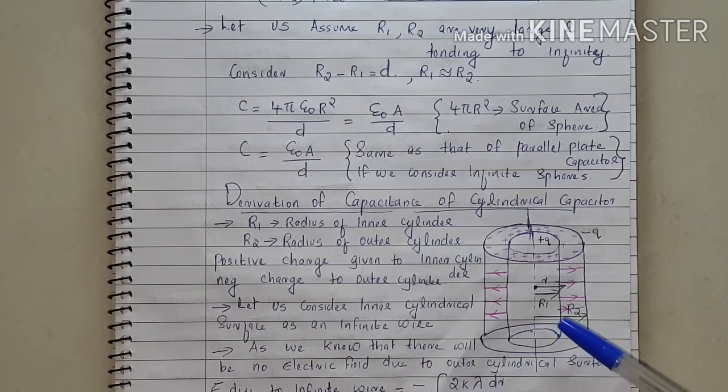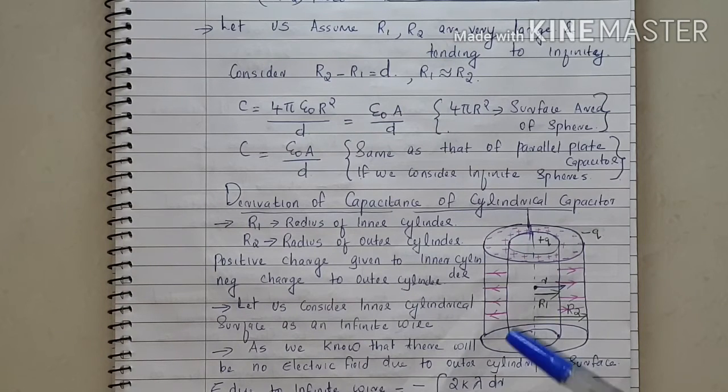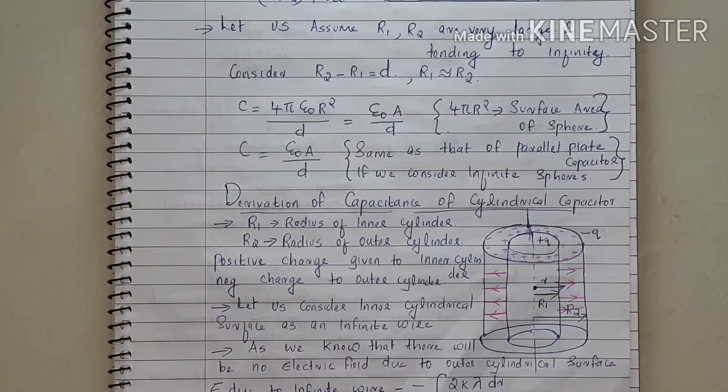Let us consider this inner cylindrical surface as an infinite wire. As we know, there will be no electric field due to the outer cylindrical surface, which is negatively charged.